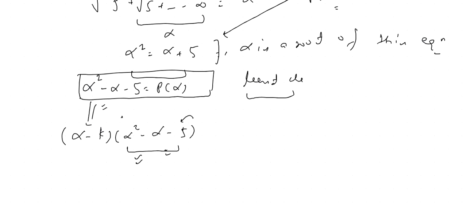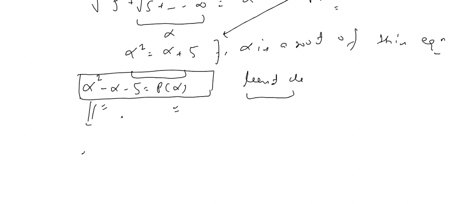And if it is given that it is a 3 degree polynomial and something like that, since minimal is not given, those degrees should be mentioned. So we can also multiply the alpha minus k factor, fine. And for the value of k, some additional information should be given, right? Fine. So what we can do is we can say P(alpha) is alpha square minus alpha minus 5.